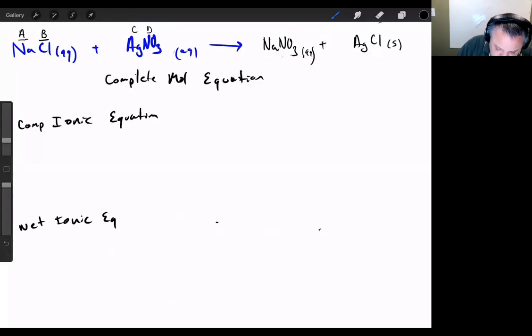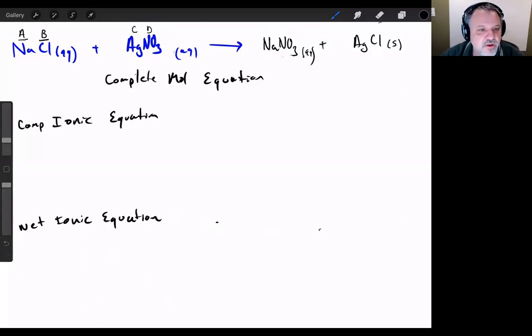And this is the part that, if you haven't seen it, is definitely going to be a big challenge for you as far as being really new. Okay, what is the complete ionic equation? I'm going to use the molecular equation to write the complete ionic equation.